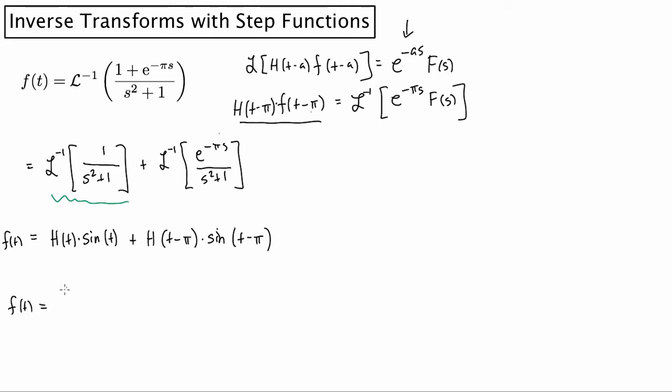So if we do that, then this function is sine of t for 0 less than t less than pi. And then once we get to pi, we're going to take sine of t and add in sine of t minus pi. So this is going to be true for t greater than pi.